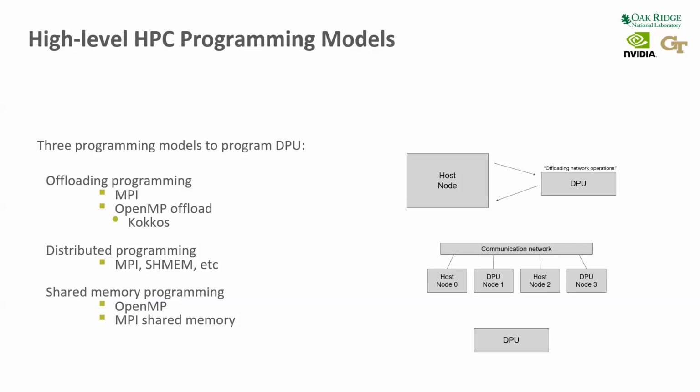So we feel like that's also an interesting way that we can use to program the DPU. And in this tutorial, we're going to be focusing more on OpenMPI, but we also want to highlight that OpenMP offload is also supported, and we're going to be having a preview of what this looks like.